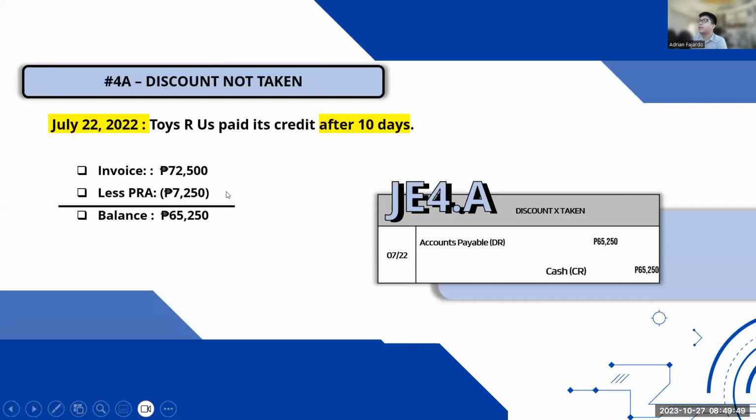So for this, let's look at the example. If it's discount not taken, after 10 days ka nagbayad, yung remaining balance ng accounts payable mo is 65,250. So yun yung i-zero out mo. Debit accounts payable, 65,250. Credit cash, 65,250.